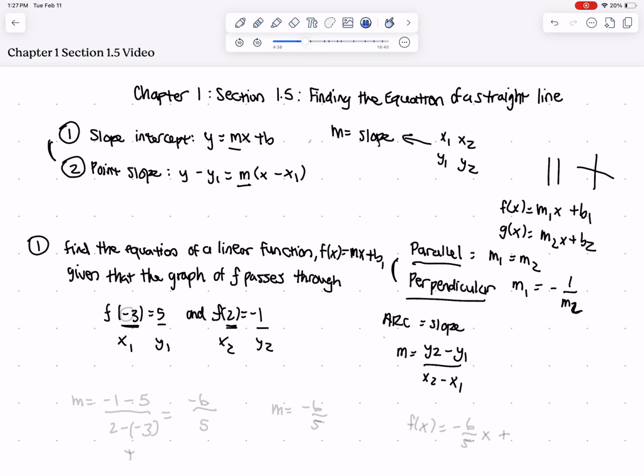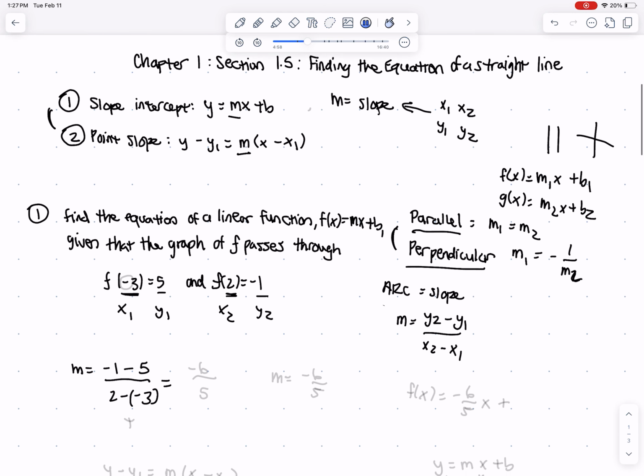Now we have all the parts we need to solve for the average rate of change. So I'm going to set it up. Just going to put my values into the formula. And now we can solve. But notice we have two negatives here. This means that this is going to become actually a positive.